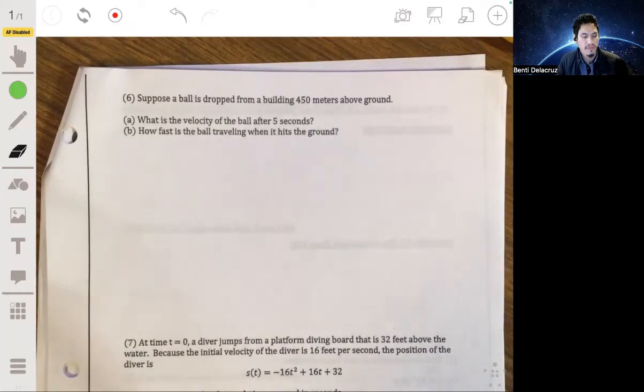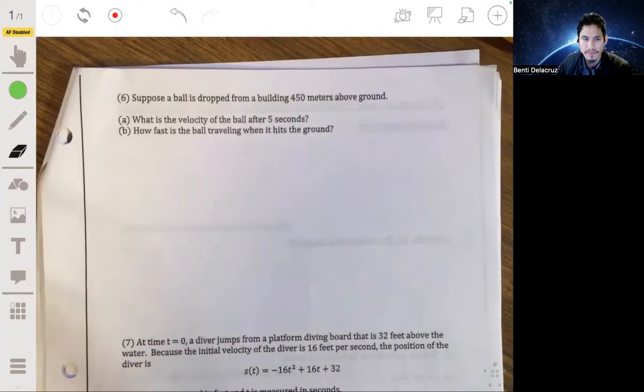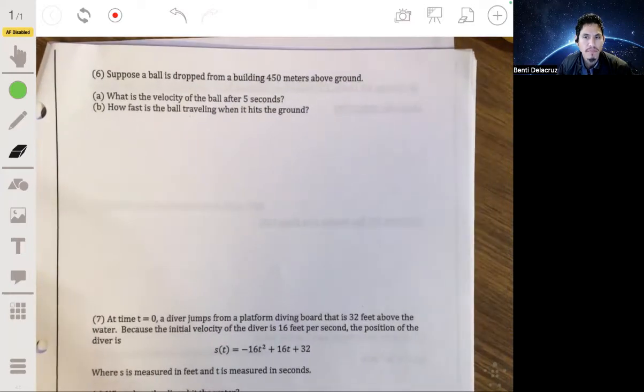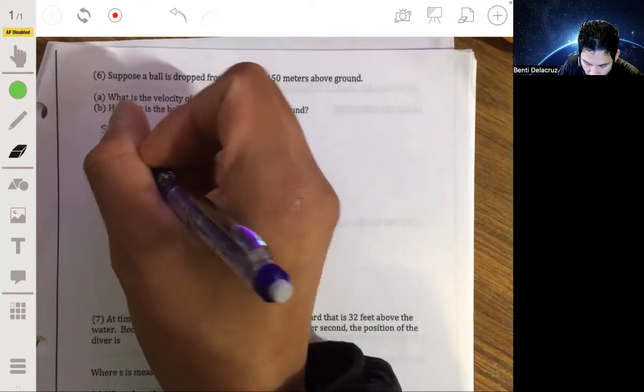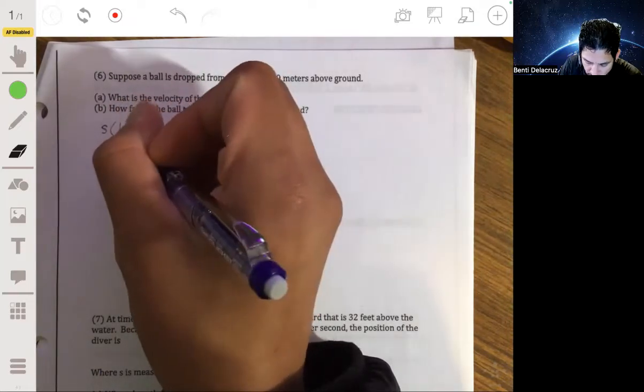All right, so here we have a ball. It's dropped from a building 400 meters above the ground. Sometimes you're going to get problems like this where they don't give you any background information about the position function. If you take a physics course, you'll learn it, or you usually get a formula sheet with this.